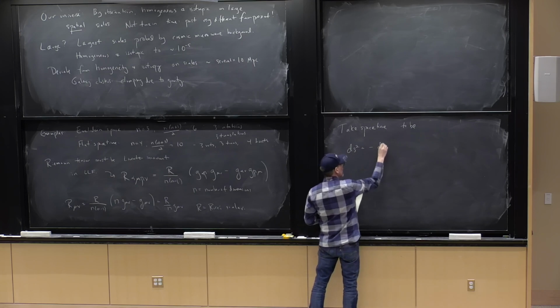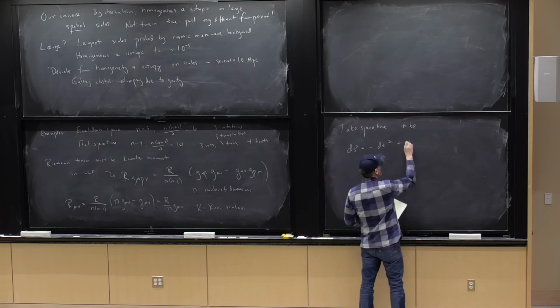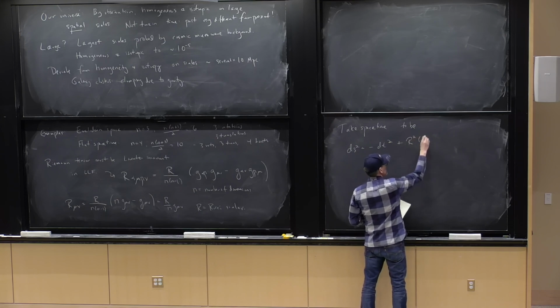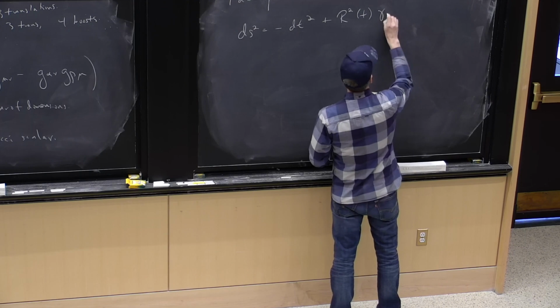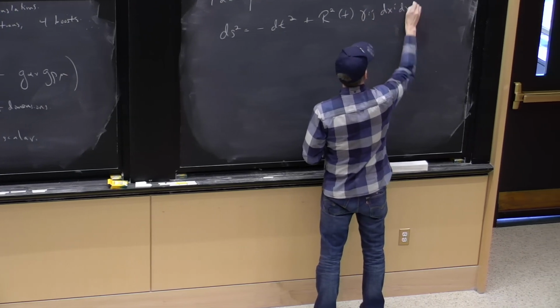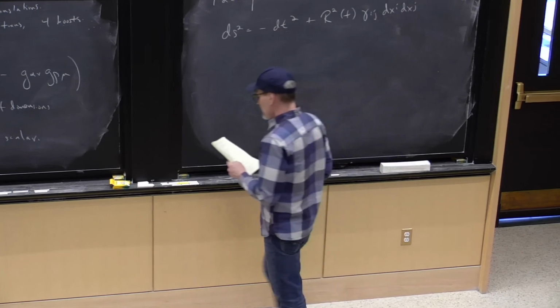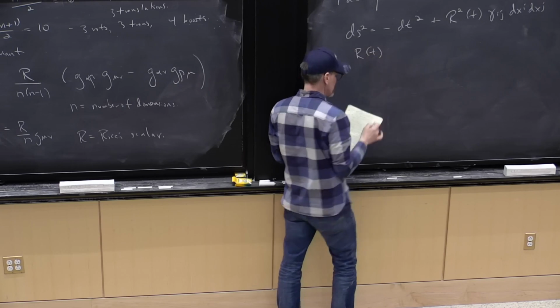So the line element, I'm going to write it as minus dt squared plus some function R squared of t gamma ij dxi dxj. The function R of t I've written down here.